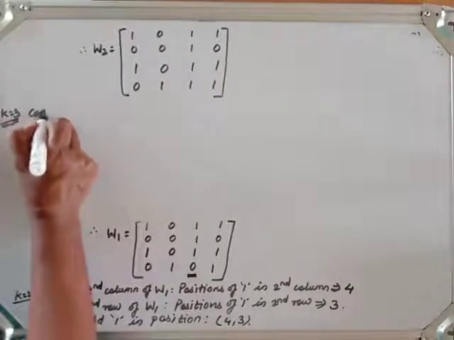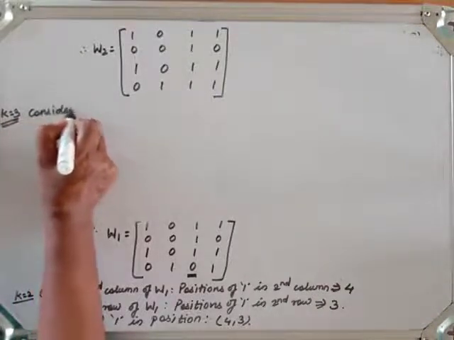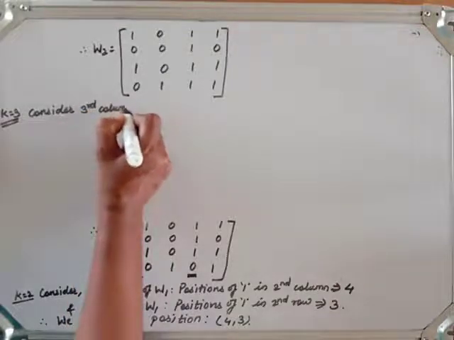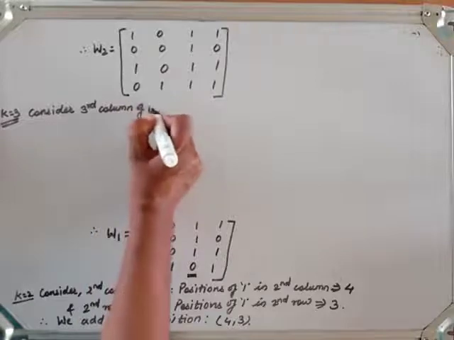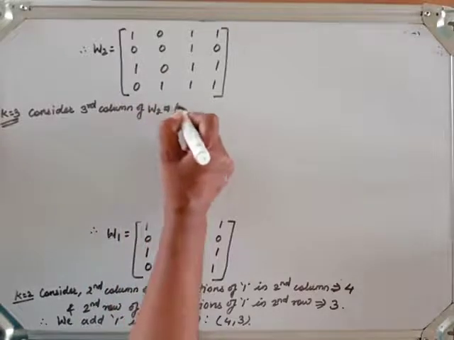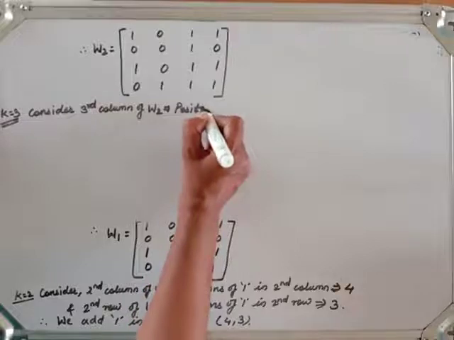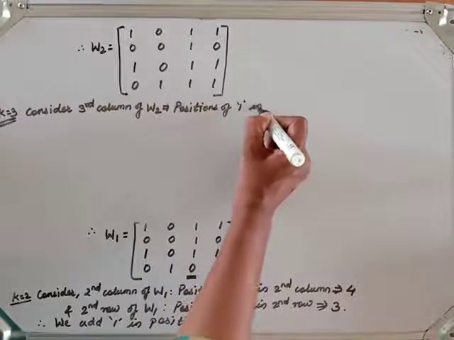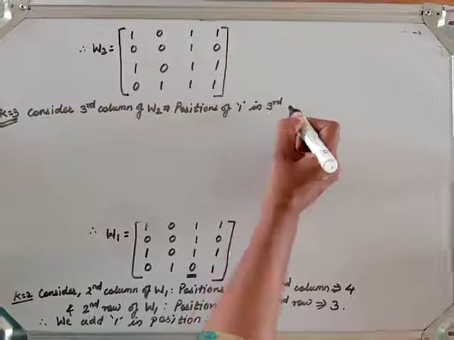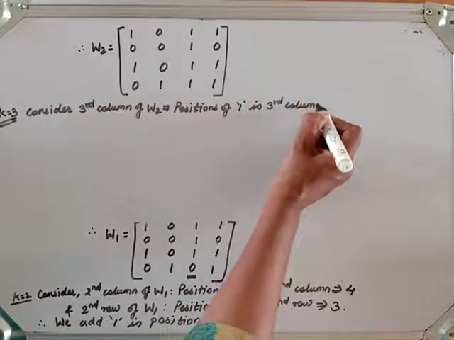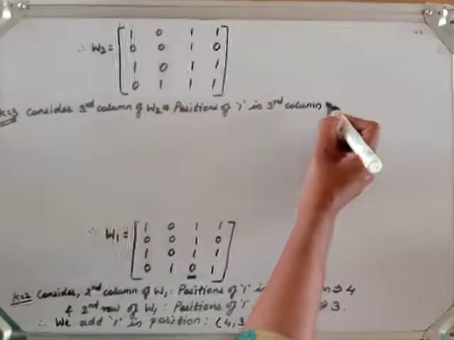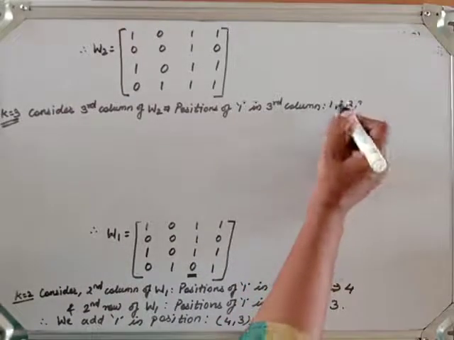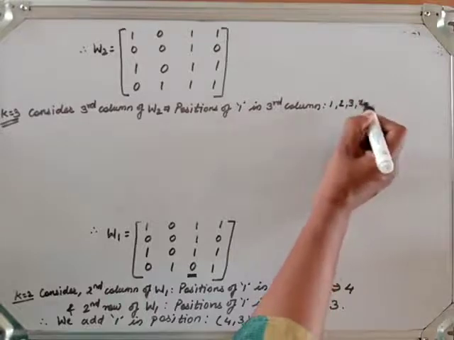Now k equal to 3. So consider the third column of W2. What are the positions of 1 in the third column? Everywhere: 1, 2, 3 and 4.